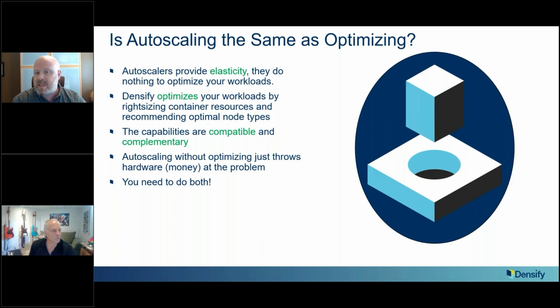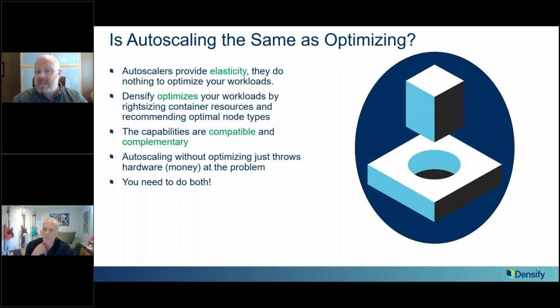Densify is all about optimizing your workload. So making sure that you set the right requests, the right limits, that your node sizes are all appropriate for your workload to make sure that you're not wasting capacity. The two capabilities are compatible. So Densify is perfectly compatible with all of the different autoscaling options out there, and they're also complementary.